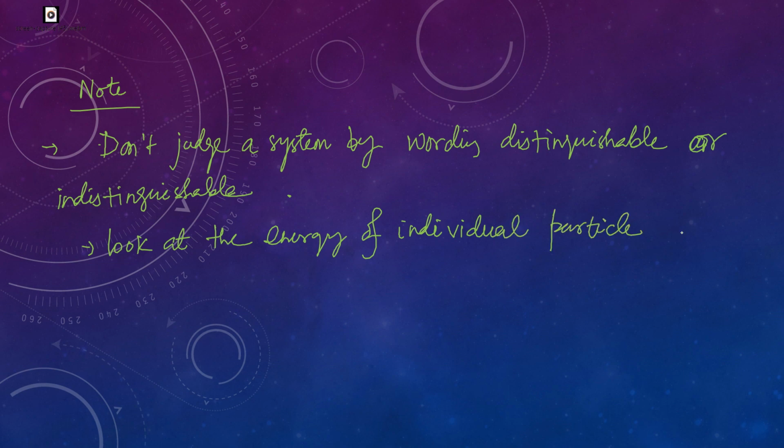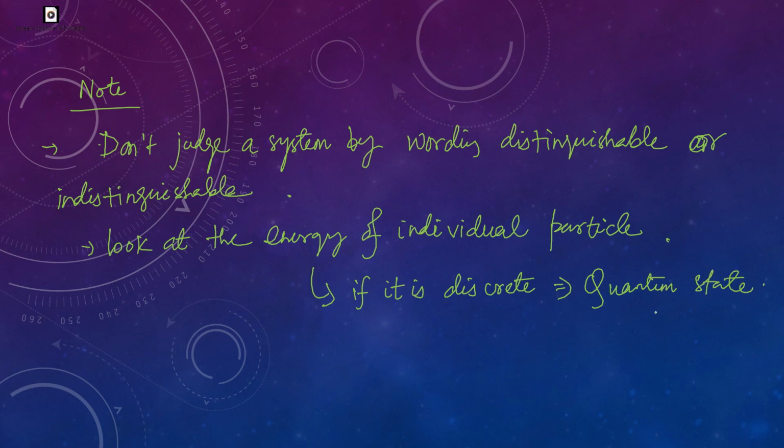If it is discrete, it is a quantum state. If it is continuous, it is a classical state. That's a very important point.